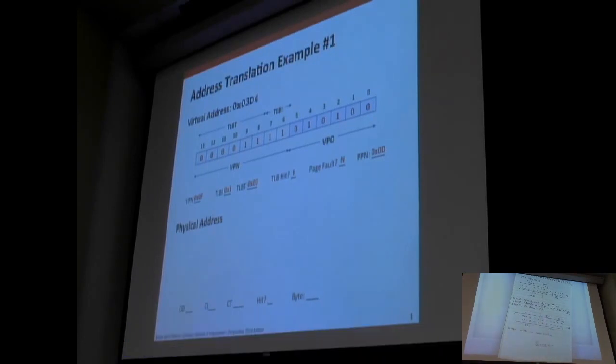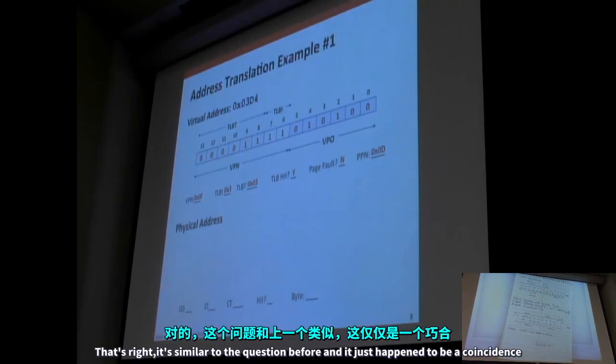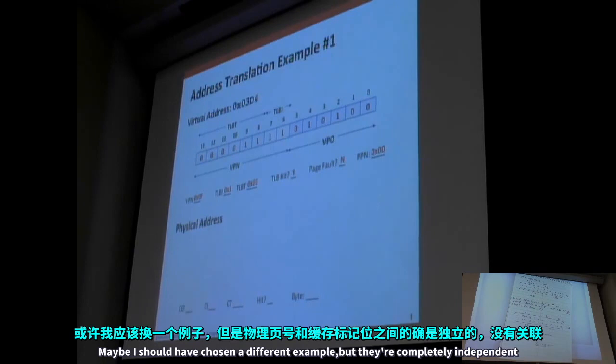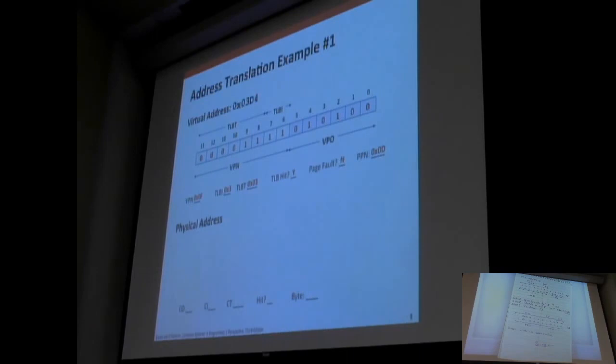Okay? So it's a similar situation to the question before, it's just coincidence? That's right. It just happened to be a coincidence. Maybe I should have chosen a different example, but they're completely independent. Everybody else good? Okay.